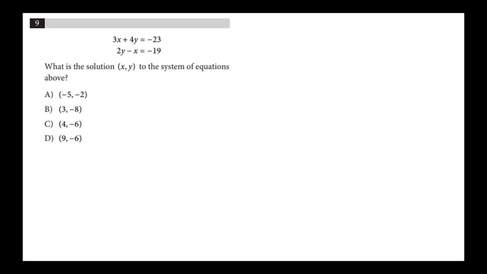Okay, so this one is simultaneous equations, where you can use substitution or elimination. And I would say it's probably better to write it out so that they all line up. So minus x plus 2y is minus 19.